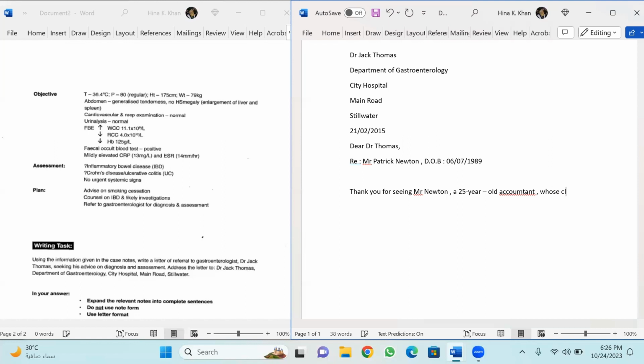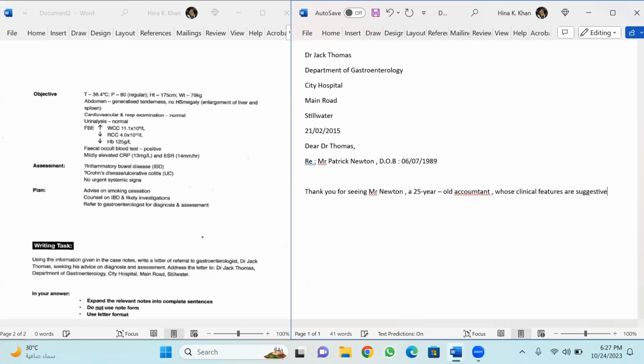whose clinical features are suggestive of inflammatory bowel disease.